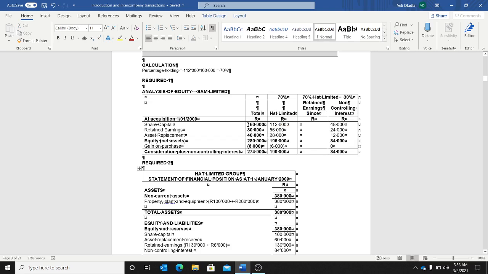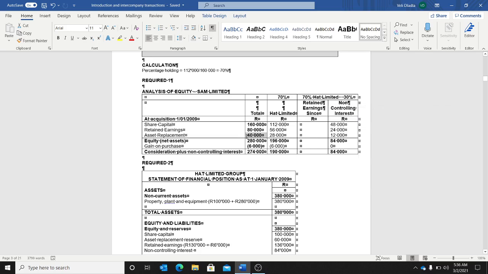Then again 160. Now you are putting what we call non-controlling, 30% now. Remember, from 100, if you minus 70, you get 30. So again, you take this one, multiply by 30%, this one. This one, multiply by 30%, you get this one.